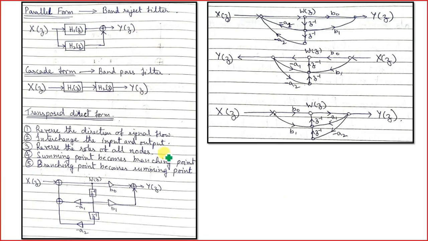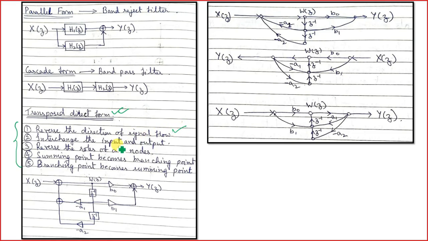Now the next type of realization is transposed direct form realization. So there are certain rules which you need to follow for the realization of the filter using the transposed direct form. The first one is to reverse the direction of signal flow.